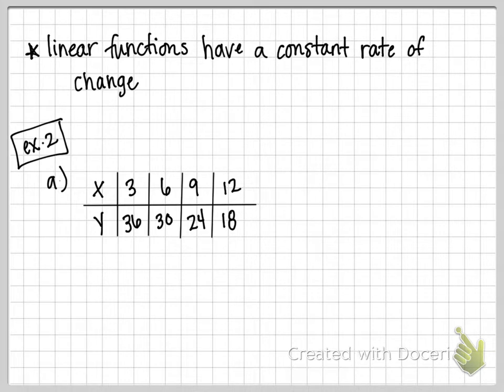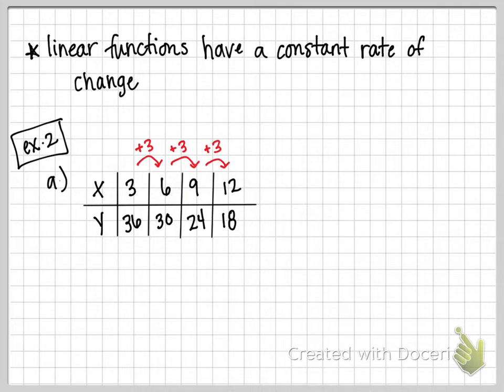So linear or nonlinear, what we are looking at is how the x values relate to one another. What is happening from one x value to the next? Plus 3, plus 3, plus 3. Do you see that? So the x value is going up by the same amount.